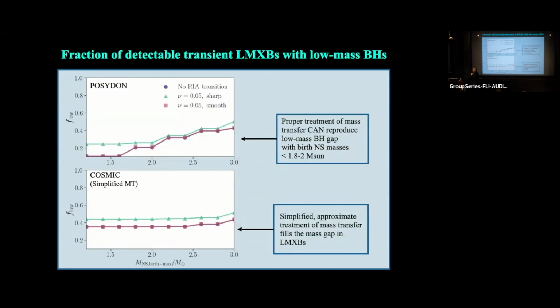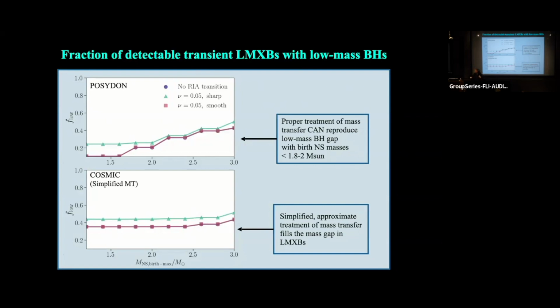What I'm saying is that if you are born as a neutron star and your mass is higher than 1.8 or 2 solar masses, then through accretion in a low mass X-ray binary, you will grow and you will grow and you will cross the equation of state maximum, which may be 2.5, 2.6, 2.7, I don't know. And you will keep growing, and you will even cross 3 solar masses, and you will feel the gap, the 3 to 5 solar masses.